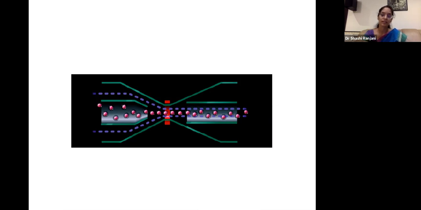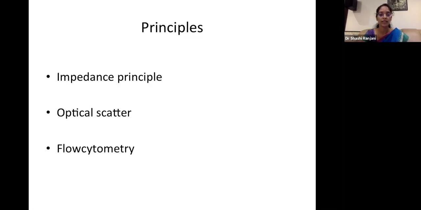And because the change in electrical impulse is going to be more, it's going to say that the cell has a bigger size. So this was the principle with which it started. Of course, later they added the optical scatter and flow cytometry, and with these new principles, we were able to find out the granularity and more complex details about the cell.